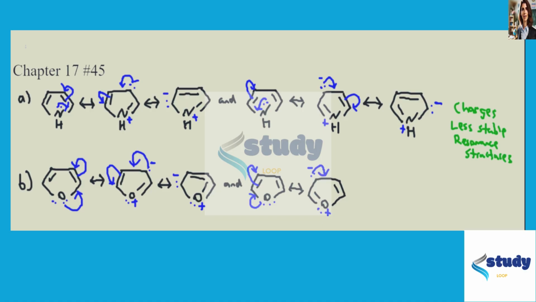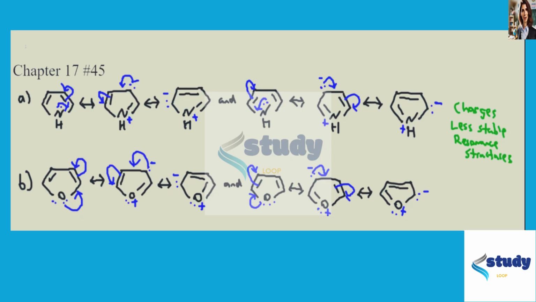The electrons will move here. And so our final resonance structure will look like this. Double bonds here and here. Lone pair and negative charge, and a lone pair and a positive charge on the oxygen.